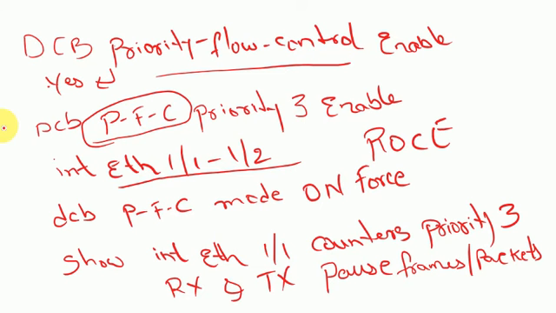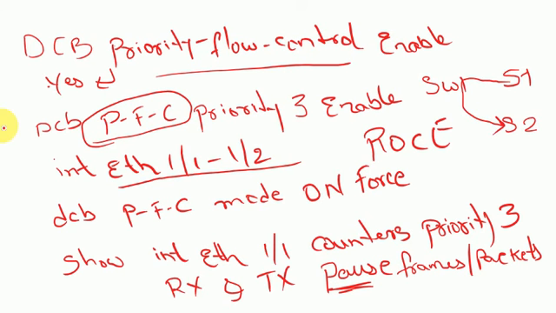So what does this pause mean? So let's say we have a switch here, switch 1, and we have a server here, server 1. And we have a server 2 here. When there is communication from server 1 to server 2, it goes from switch 1 to server 2, right?